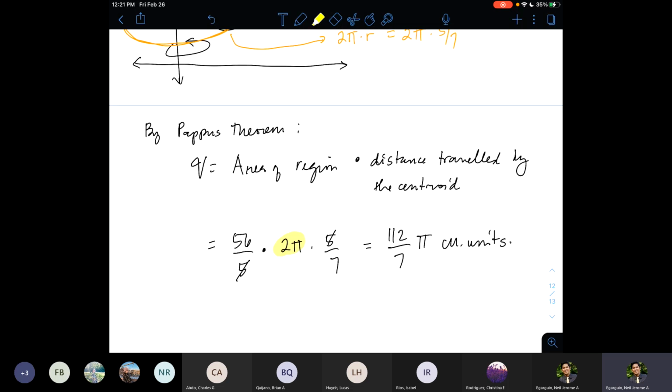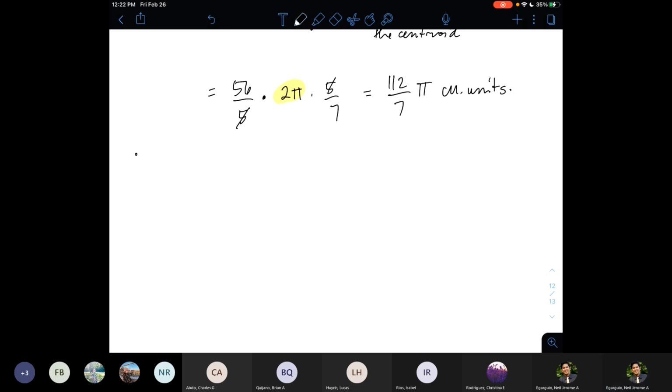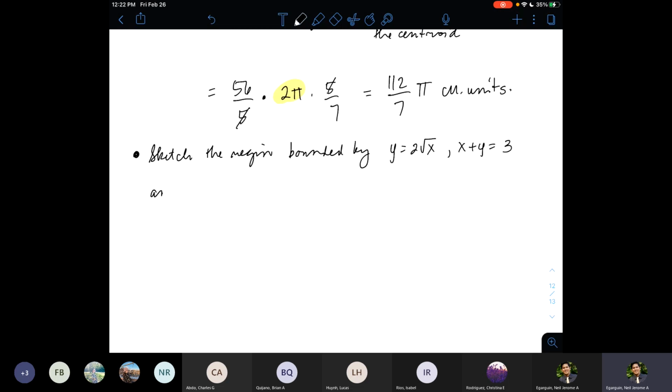Okay. Now let me see Christina's question. So here we will sketch the region bounded by the following curves. x plus y equals 3 and y equals 2/3.